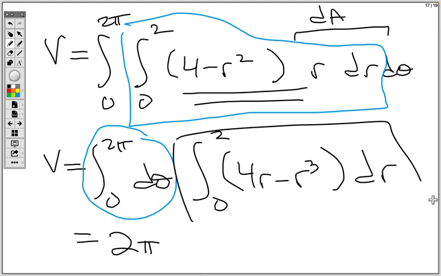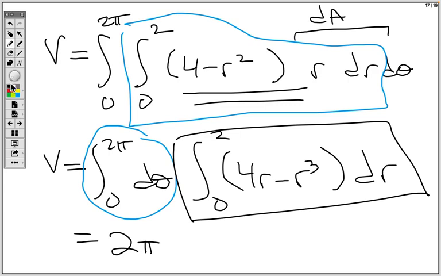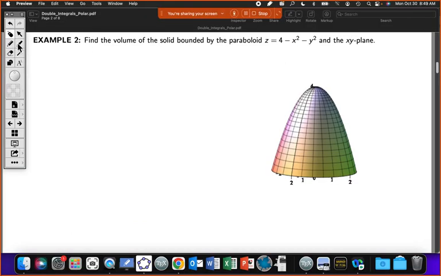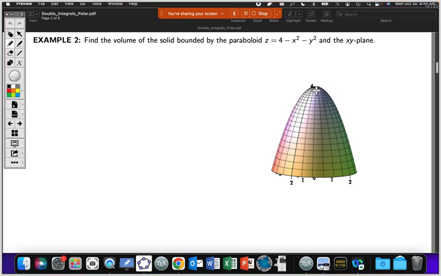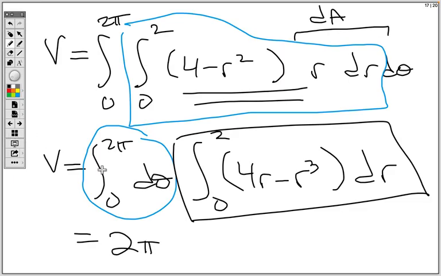For a fixed theta, if I fix the theta there and I slice this, I'm essentially just finding the area of that and then spinning it around by 2 pi. That's what's going on there with the integral.